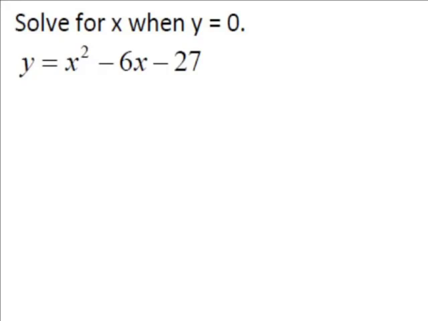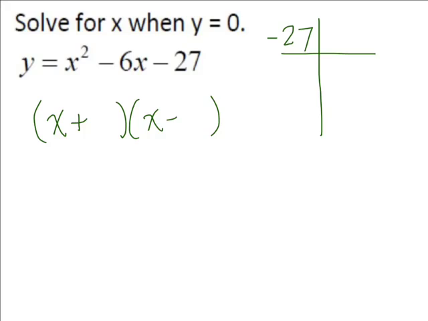Alright, same problem as the last one. What we're going to do first is factor. We're going to build a t-chart. And we're going to have negative 27 right there. Now that is a negative, so that means that I have x plus something and x minus something. Since it's a negative, they're different signs. Got to find the multiples of 27.